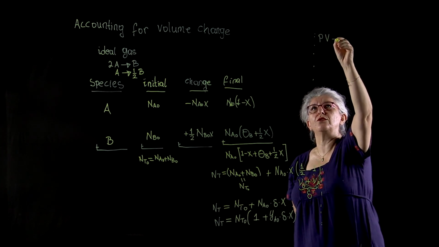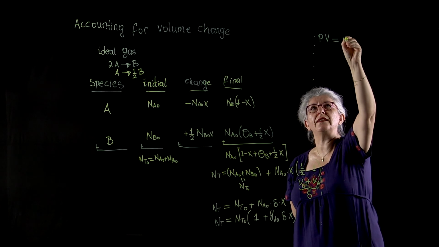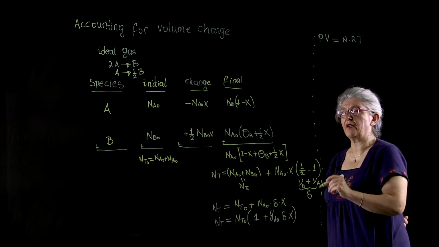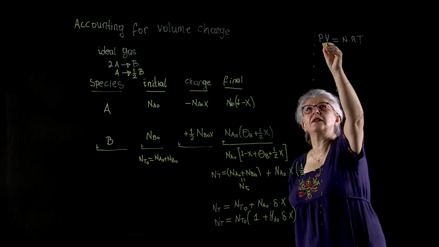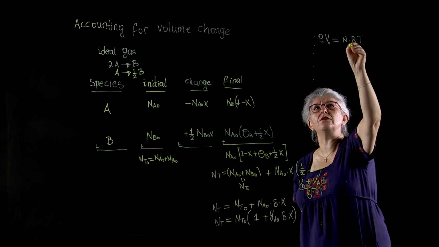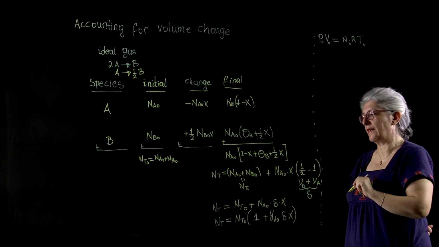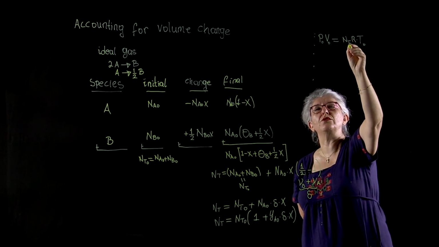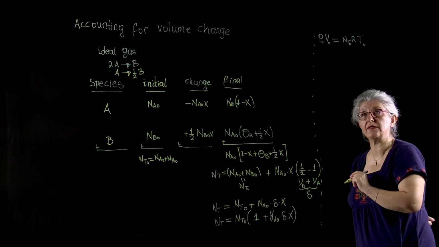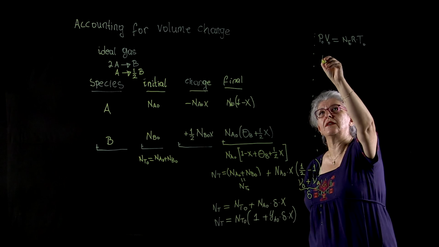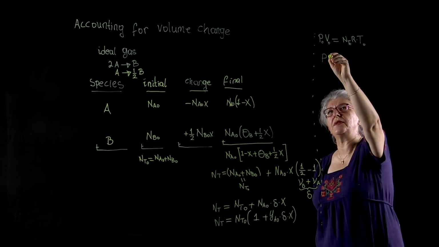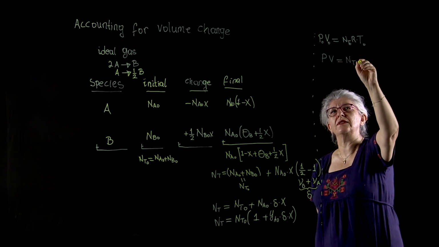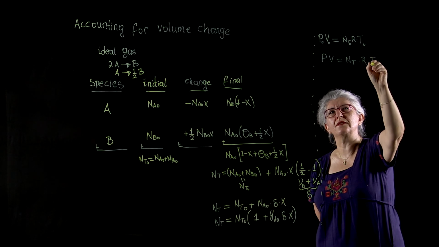According to the ideal gas law, P times V is equal to N times R times T. So we have the beginning of the reaction, let's label this as time 0, and we have the end of the reaction. Let me put N total here also. So we are doing this analysis for the whole reactor. At the end of the reaction, P times V is equal to N total times R times T.